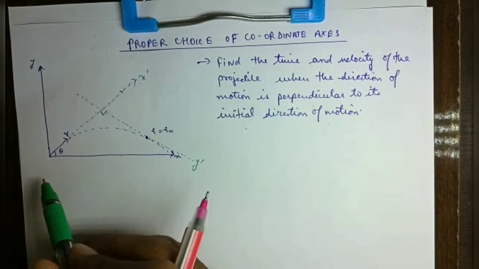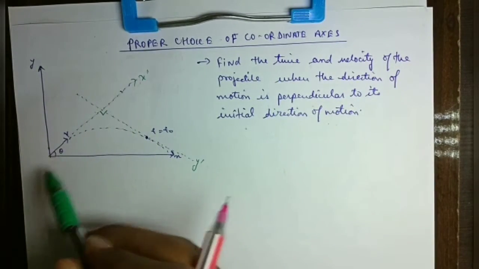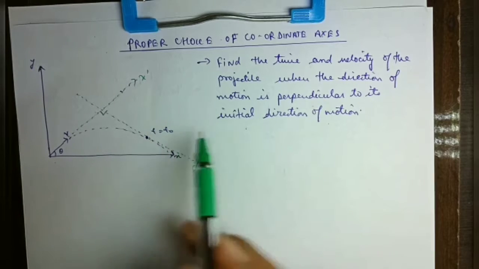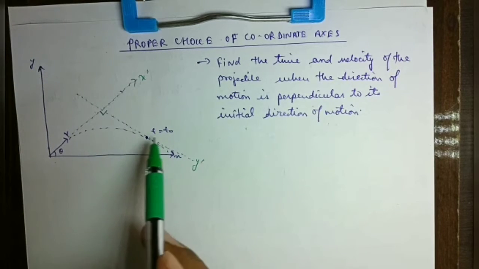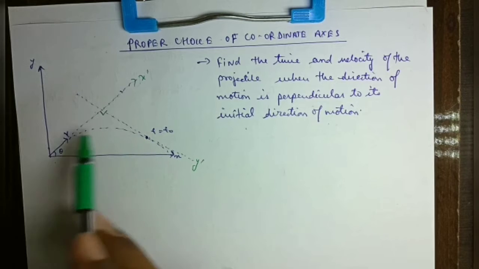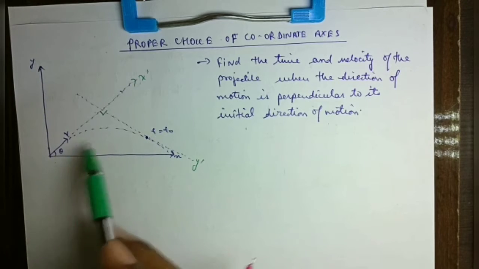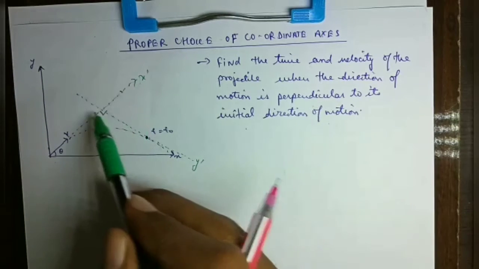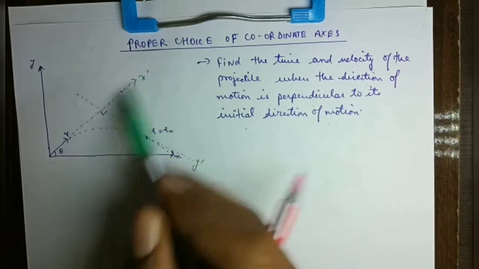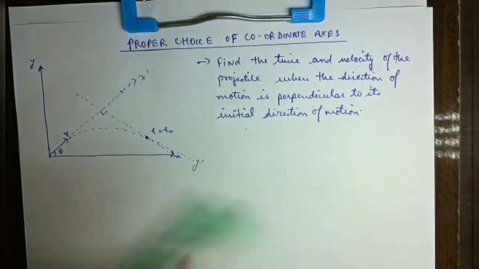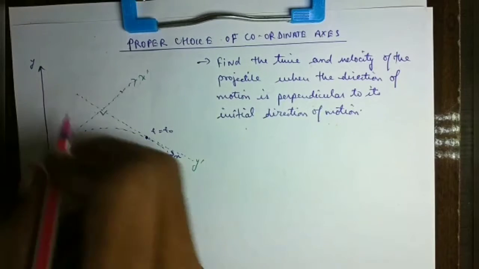Now the concept is that at this instant, when the velocity of the projectile is perpendicular to its initial direction of velocity, the velocity along the x prime axis will be 0. So we are going to write that condition and get a result.